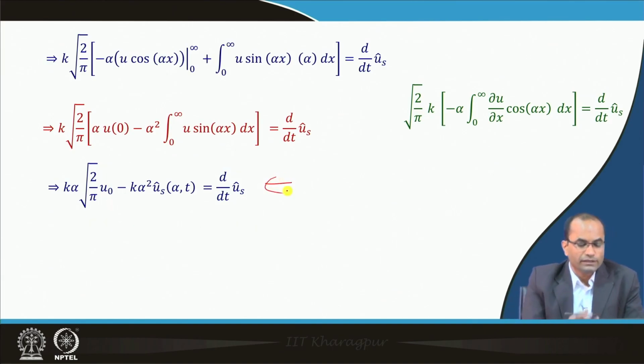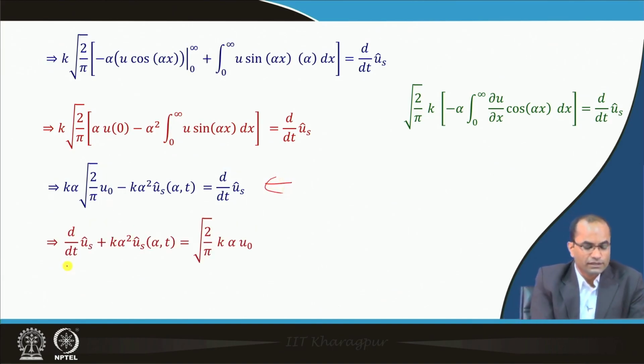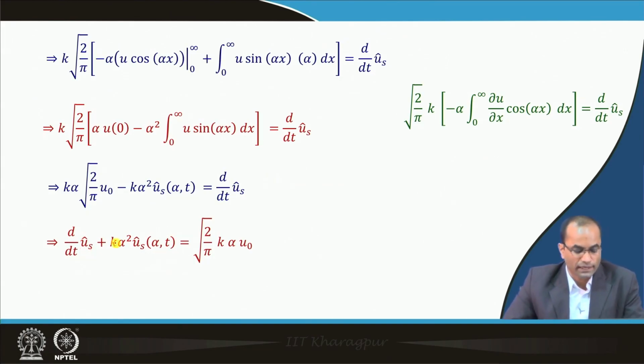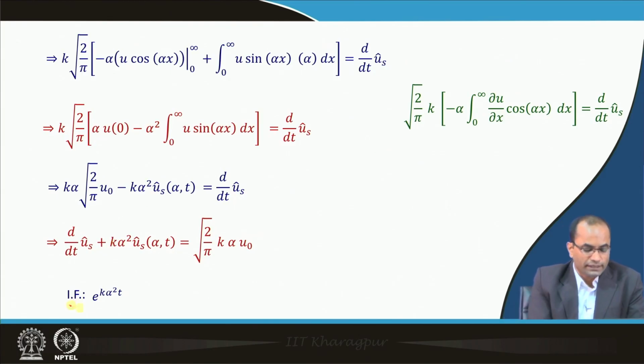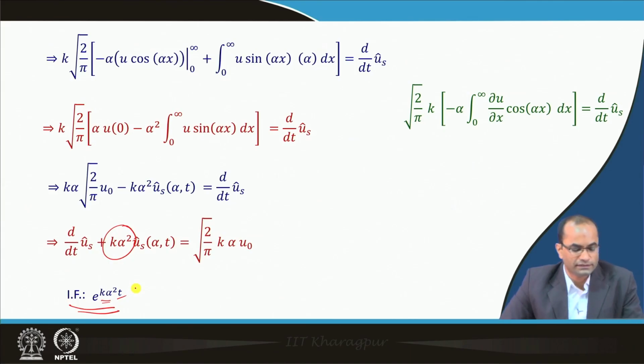So, having this, now we need to solve this differential equation, which is a linear differential equation in this u hat s. So, we get the integrating factor e power k alpha square t.